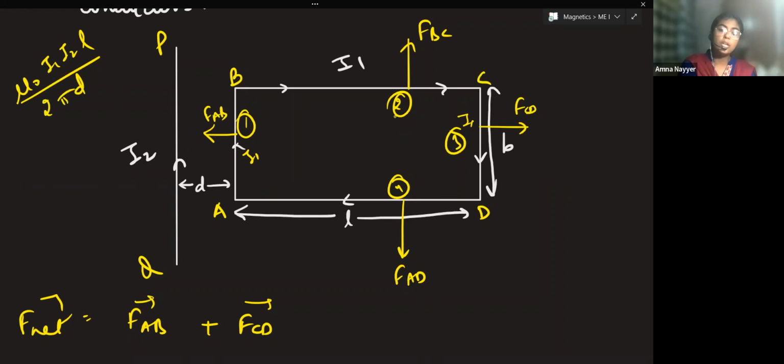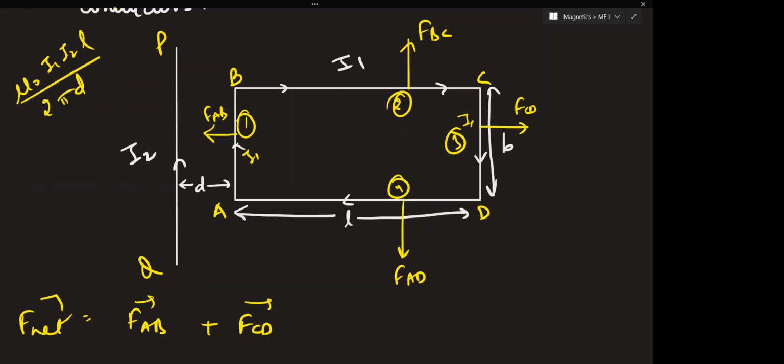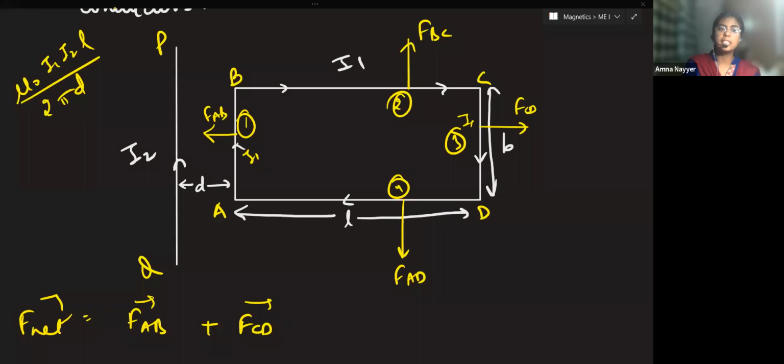Now, what is the length of conductor CD? You must look in the figure. The rectangular part CD. What's the length of it? B. Yes, right. That is mu naught I1 I2 B divided by 2 pi d.